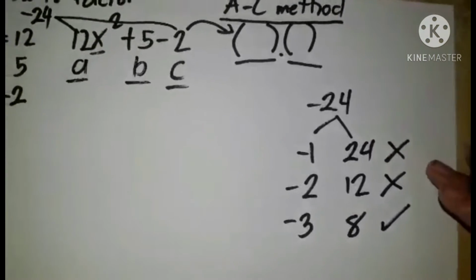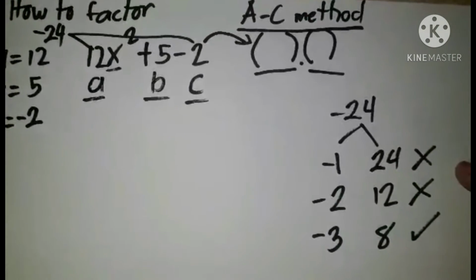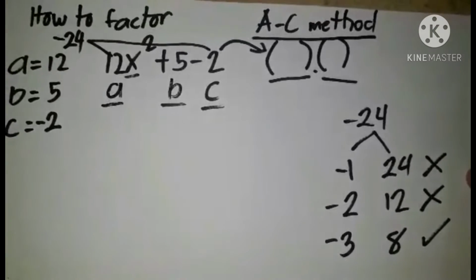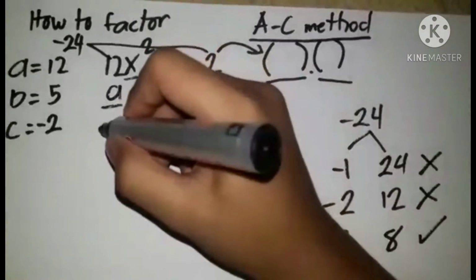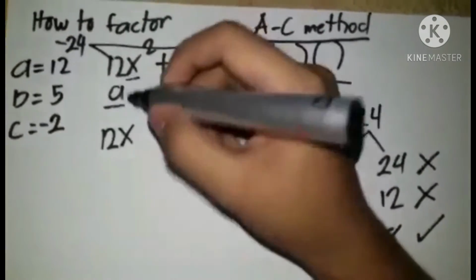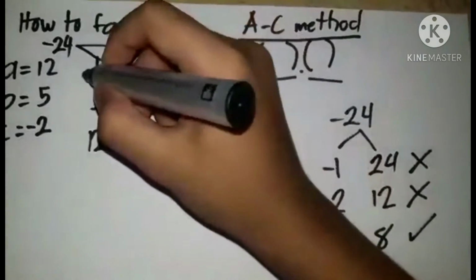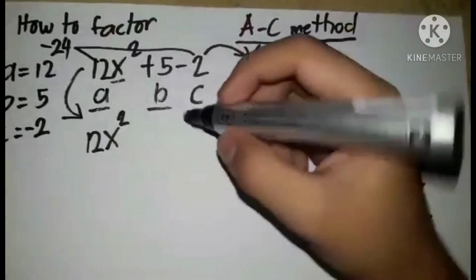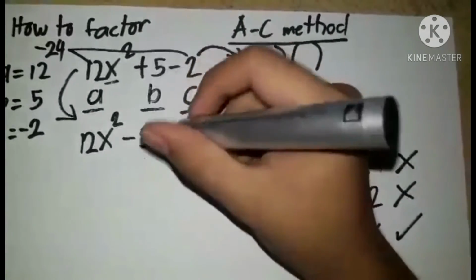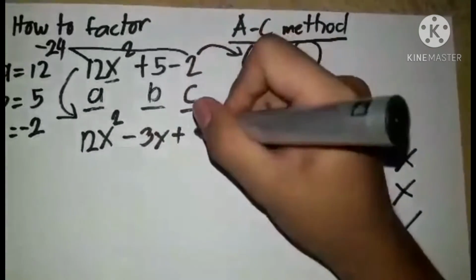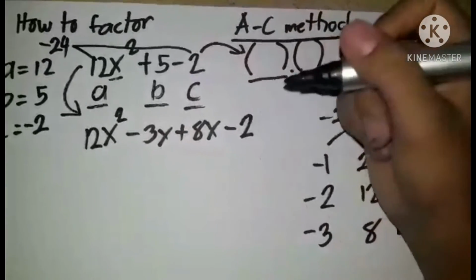Now we have to break the middle term into two different sections. We have 12x squared, just bring it down. Then take this 5x and break it into the two numbers we just found: negative 3x and plus 8x, and minus 2, because we bring this down just like that.